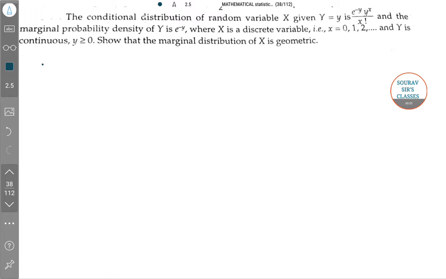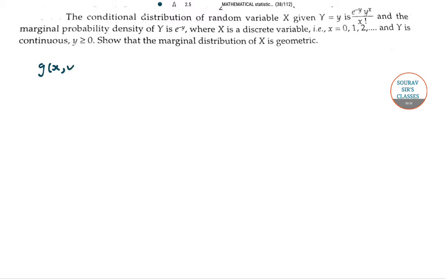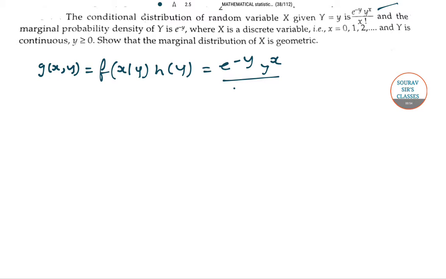g(x, y) is equal to f(x given y) times h(y), which is equal to e to the power minus y, y to the power x divided by x factorial, times e to the power minus y.